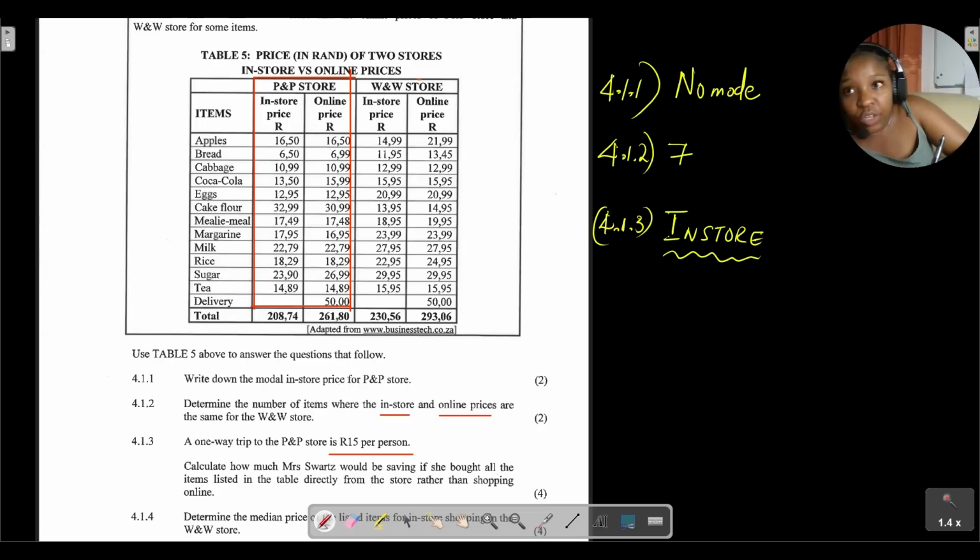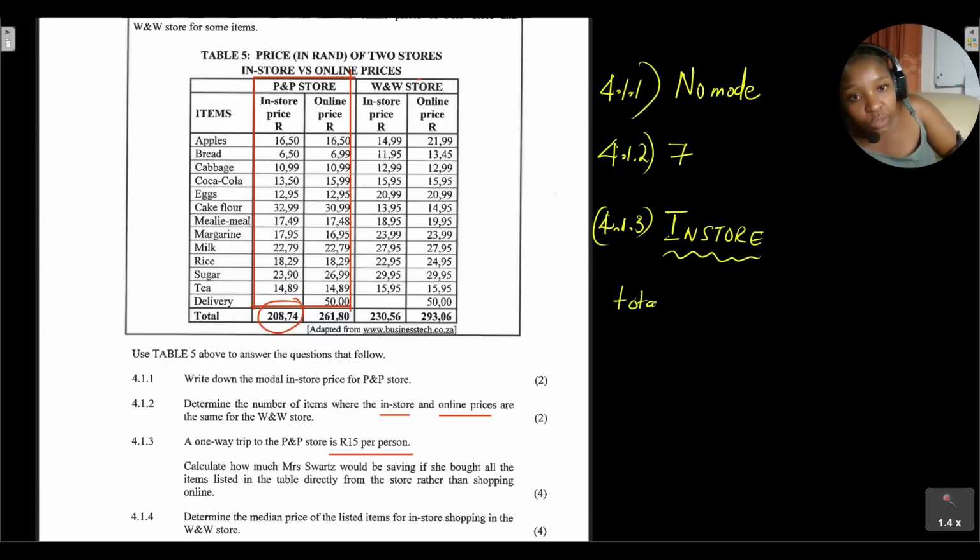We're going to look at the total for the items. If she buys in store, the total that she will pay is that 208 rand 74, plus we also need to include transportation costs. She is going to the store and she is coming back.